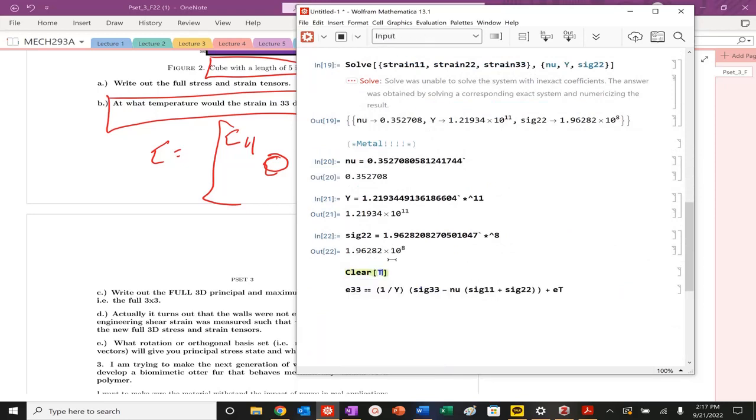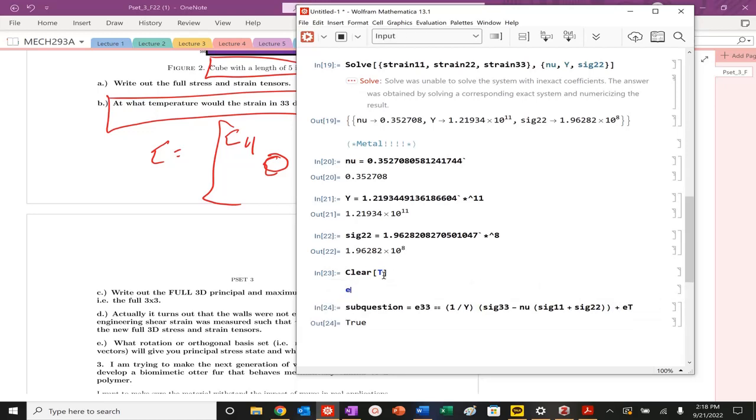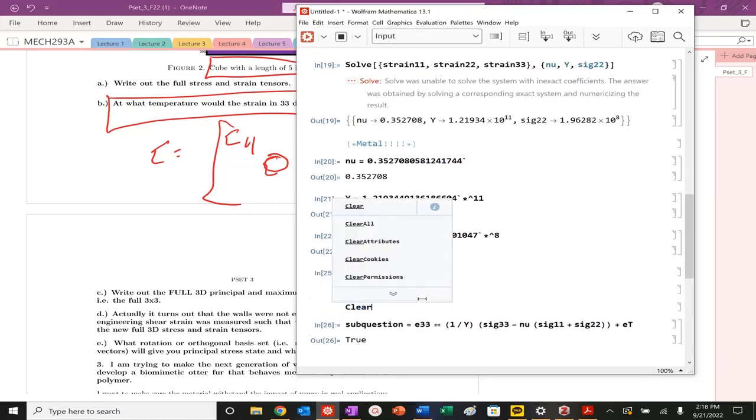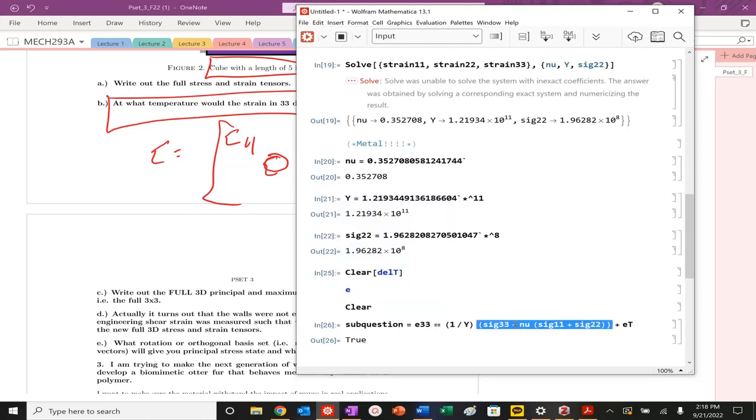So let's clear del T. No, it's still there, so we need to get rid of del T. So let's clear del T. And let's reevaluate this. Still there. I need to reevaluate ET. So let's go up here.